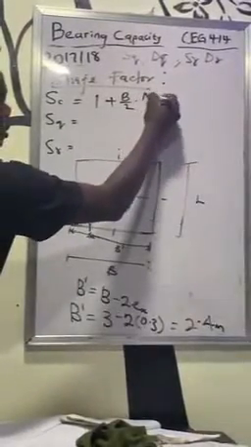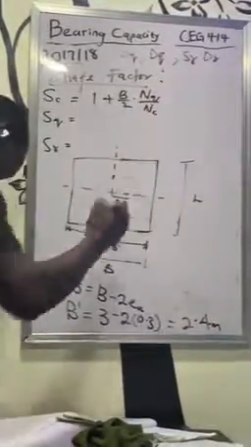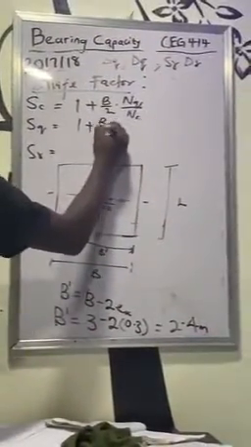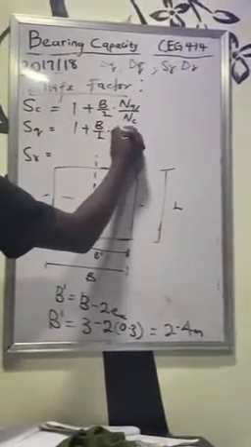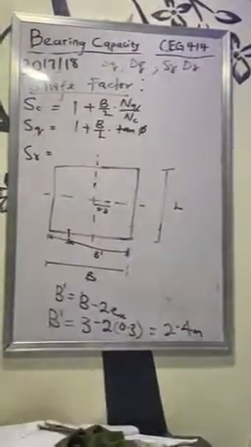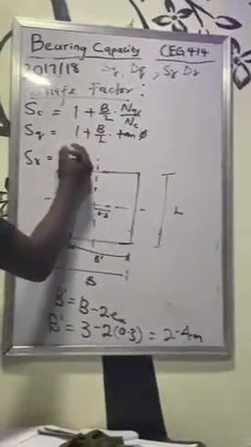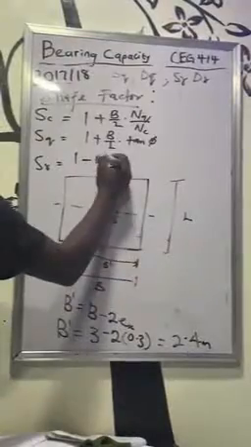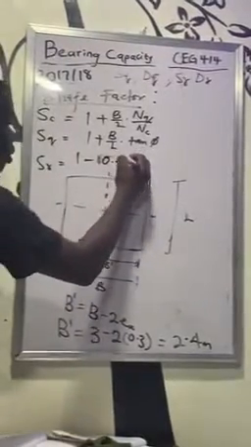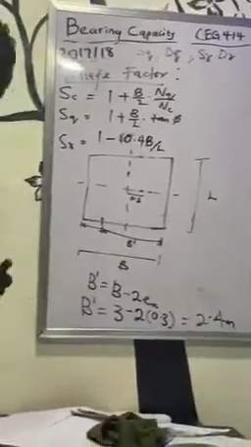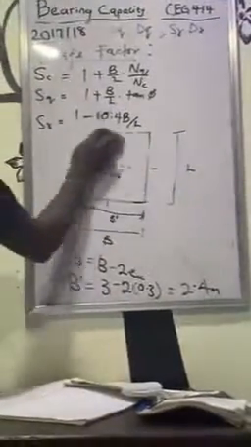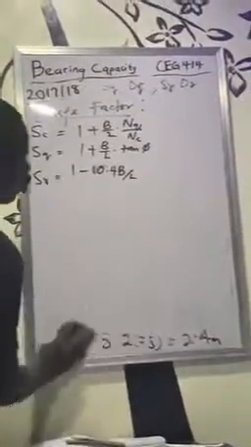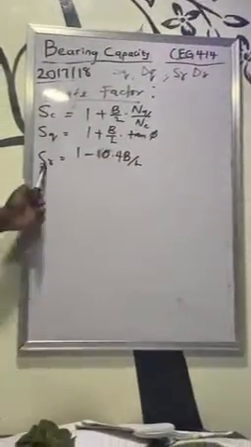It's important to get into these things. And SQ is 1 plus B over L multiplied by tan phi. And S gamma is 1 minus 0.4 B over L. So these are the formulas for shape factors, for your C part, your Q part, and your gamma part.